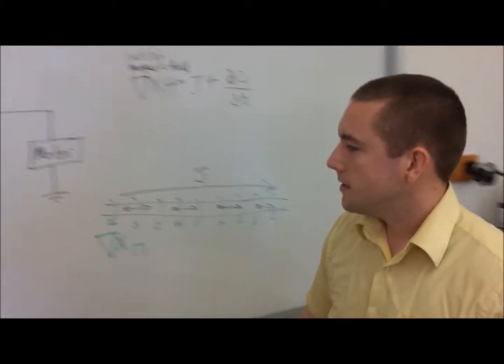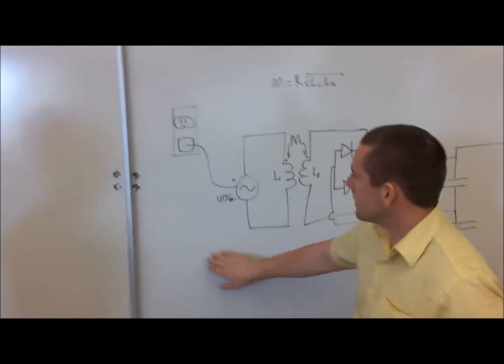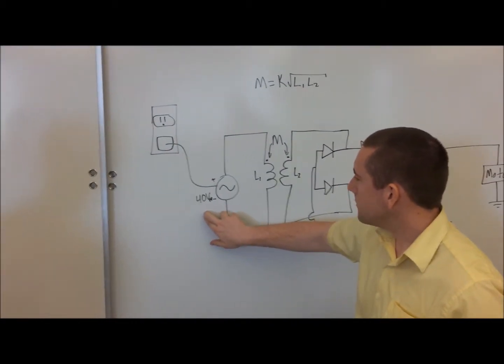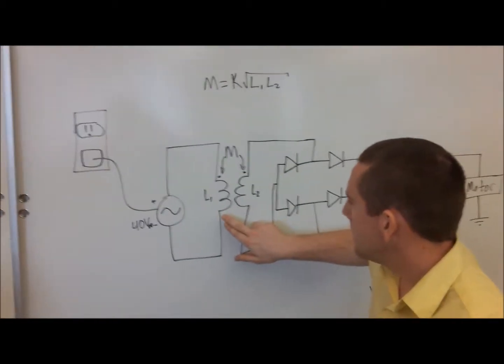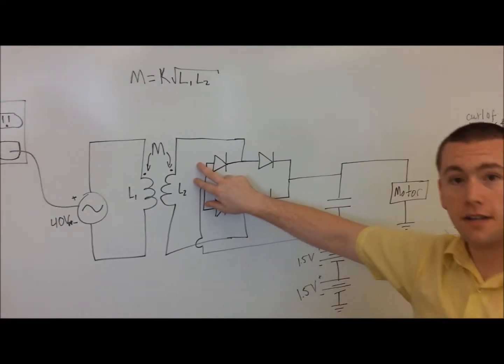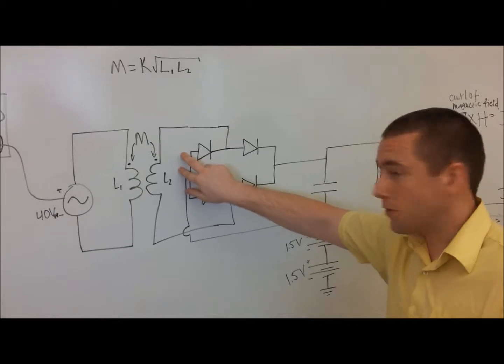So we came up with this schematic right here. This is what we've got. We took a transformer that had about 40 volts coming out of it, and then we created a primary coil and a secondary coil. The secondary coil we connected to the bottom of a remote control car.